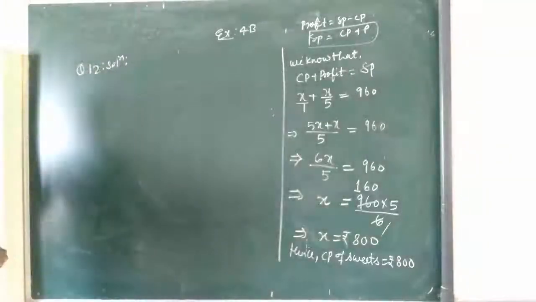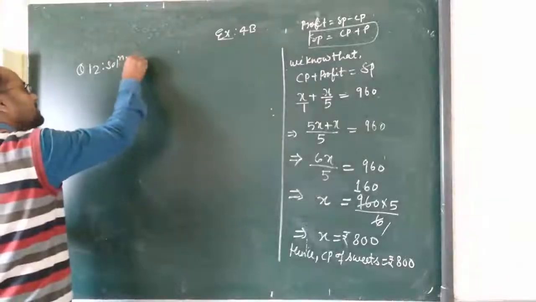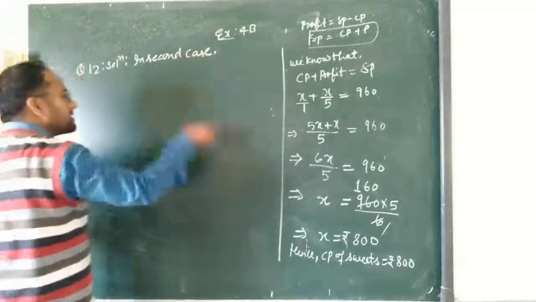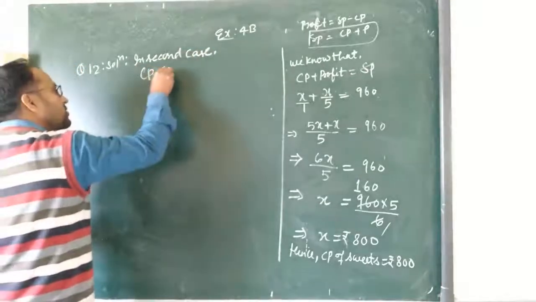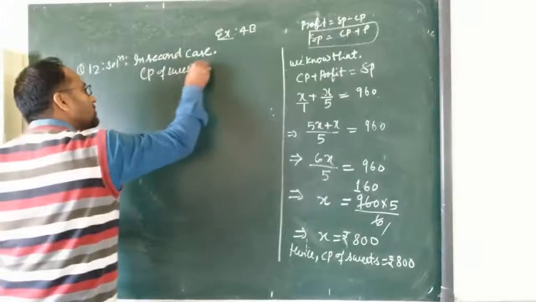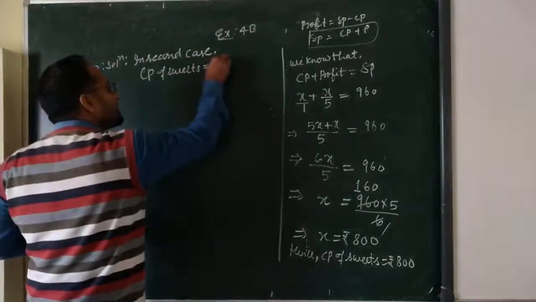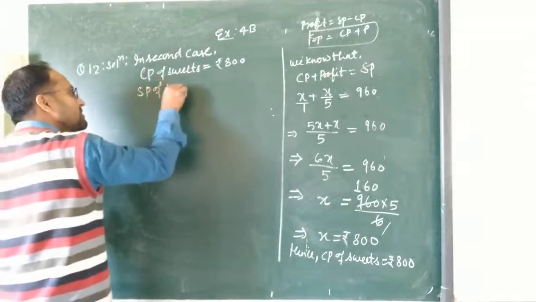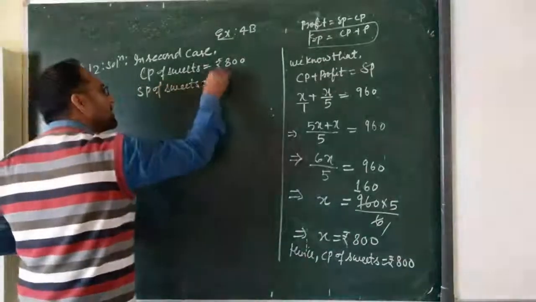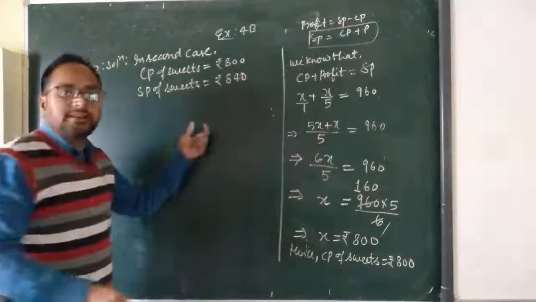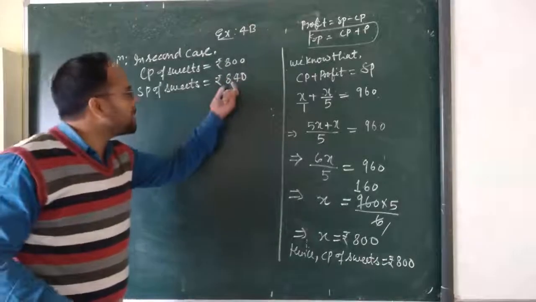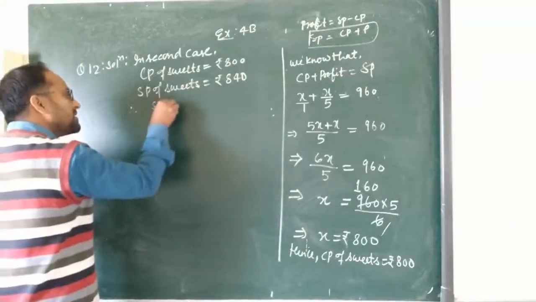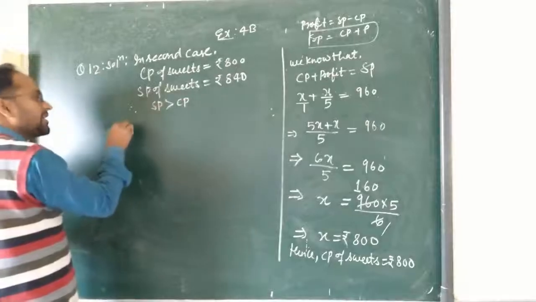In the second case, we have found that the CP of the sweets is rupees 800, and if he sells the article, the SP of the sweets is rupees 840. If SP is greater than CP, he surely gets the profit.